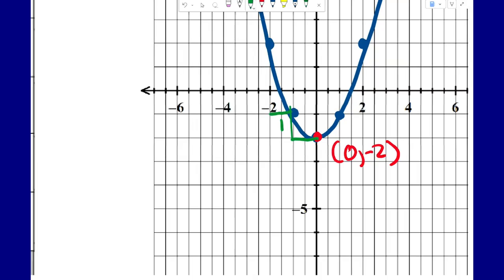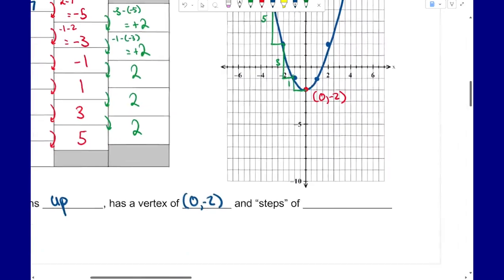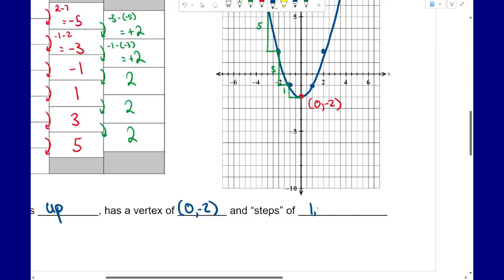I then go over 1 again, and then go up till I hit my point, and I see that this is an increase of 1, 2, 3. So my second step is 3, and then again from this point, go over 1 up until we hit the next point, and this would be an increase of 5. So again, the steps are 1, 3, and 5.